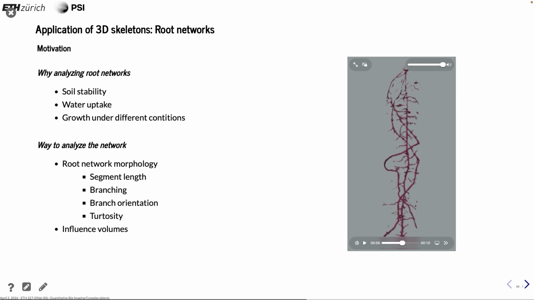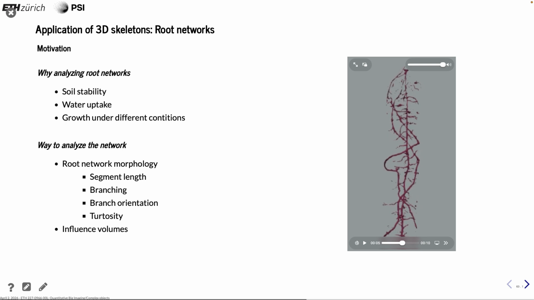So let's go on. So here is a 3D skeleton of a root network. And why we want to look at a network of roots is, for example, looking at soil stability, water uptake regions, and maybe also how the root network is growing under different conditions. And what we do when we analyze the network is, of course, the segment length, how much it branches, also branch orientation.